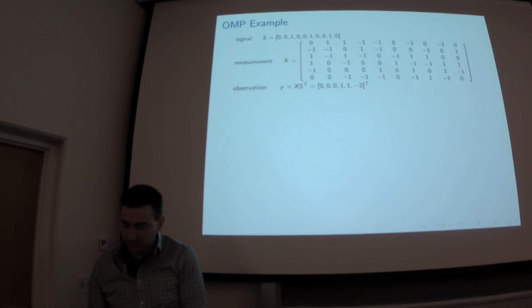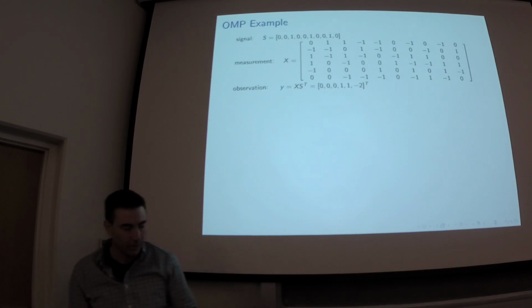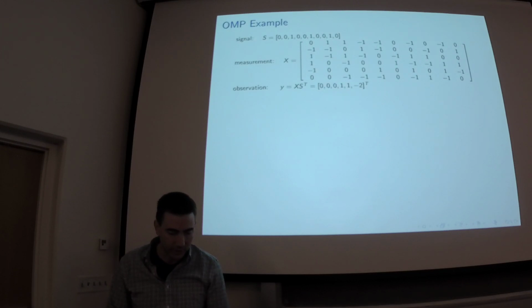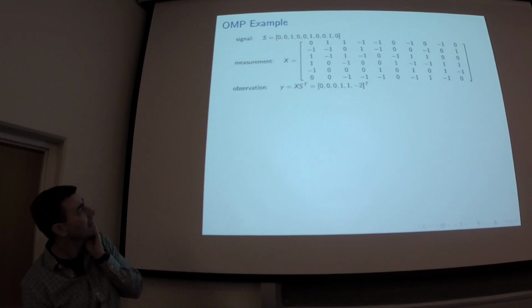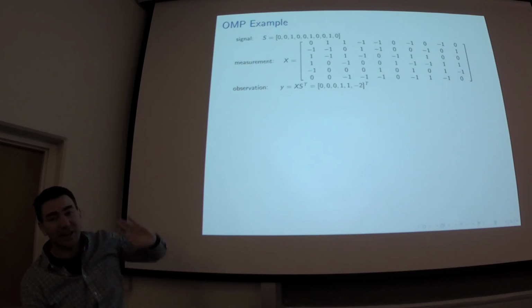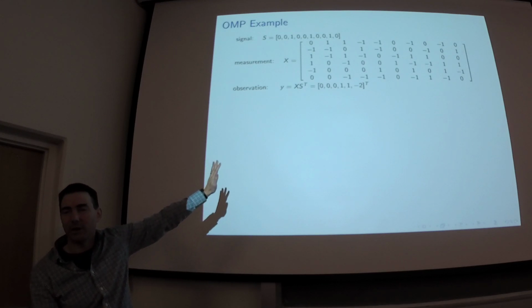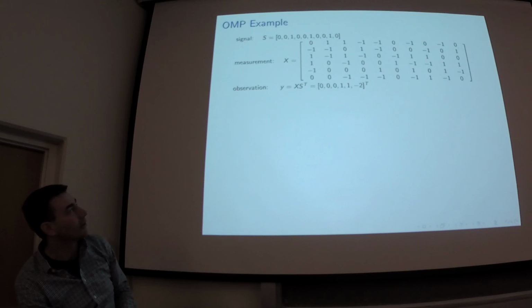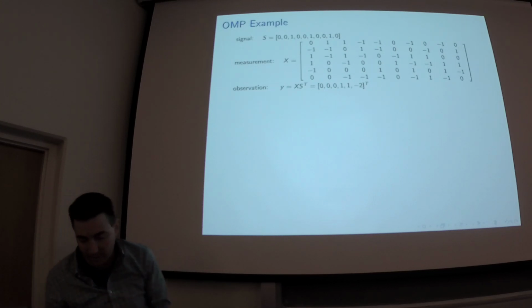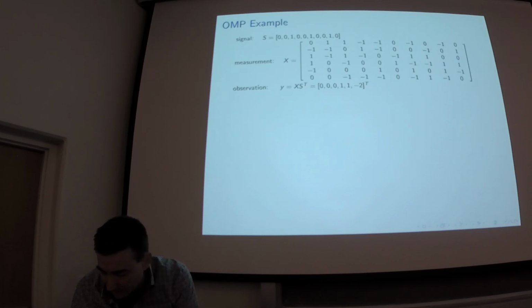So let's go through this. I've got an example set up, and hopefully this works. I think I have it set up so it's too small to work in theory, right? There's no guarantees that something this small will work. In this case I've got m equals 3 and d equals 8.